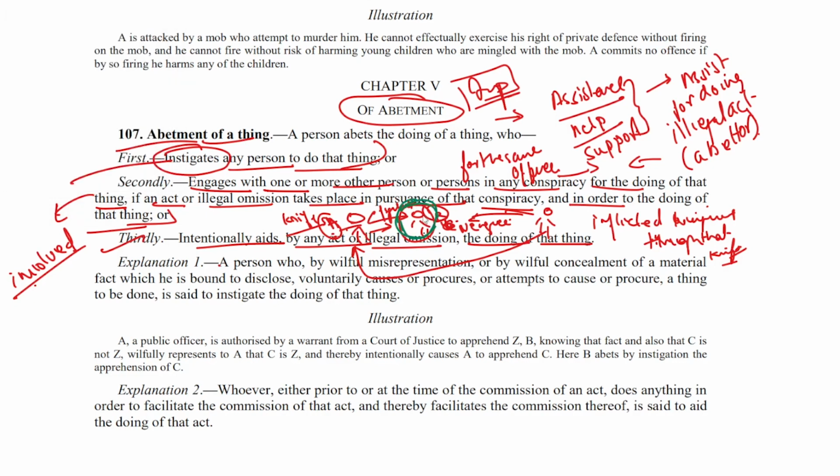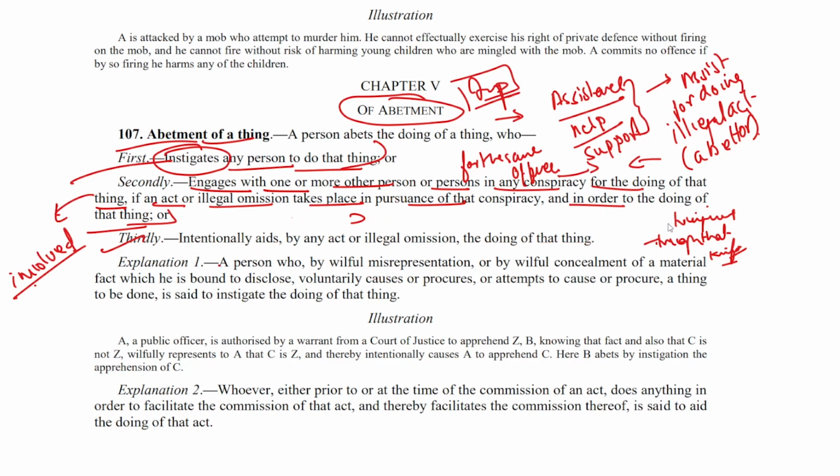Now, this particularly shows that what I did was I did an act in order to assist A to kill B, and because of this particular assistance, B died. So I will be considered as the abater of the illegal thing that has been done.